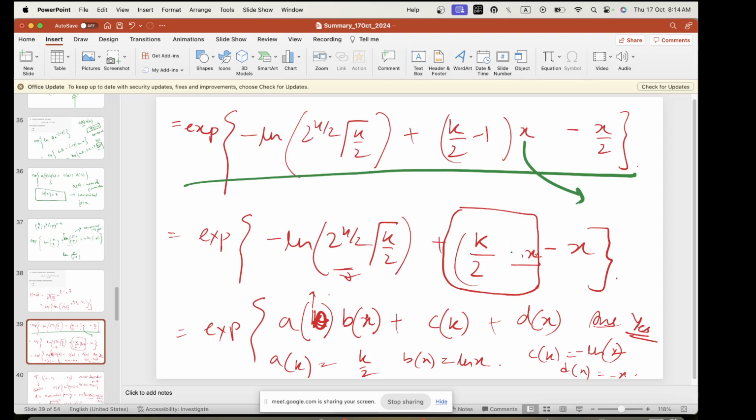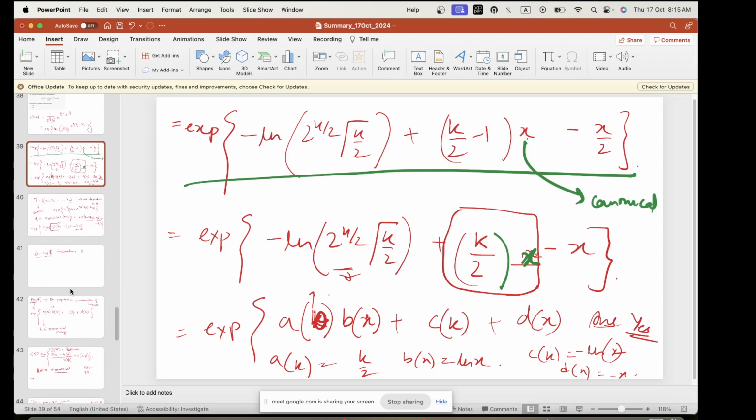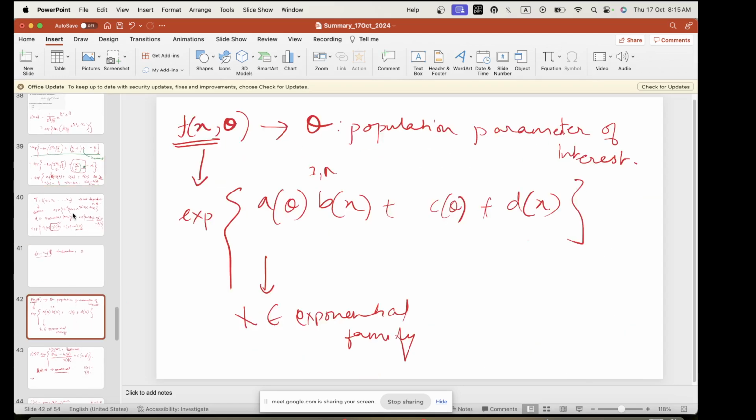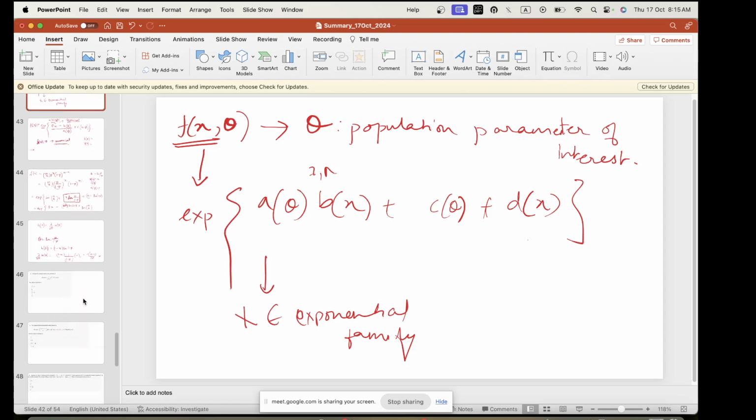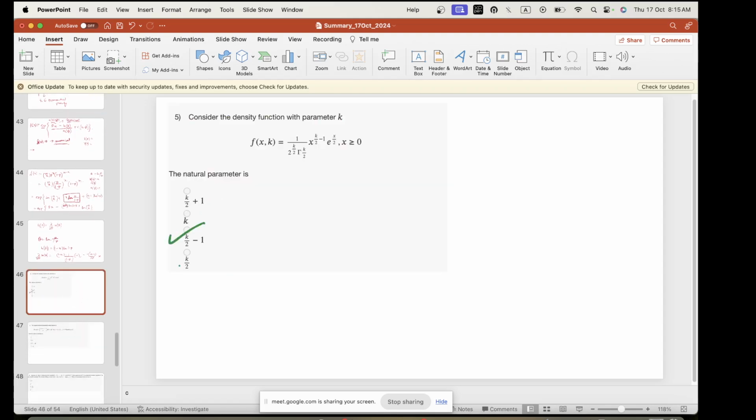This shouldn't have been ln x. This should have been only x. So here we have k by 2 minus 1 and x all together. So this is in its canonical form, and the natural parameter is k by 2 minus 1.